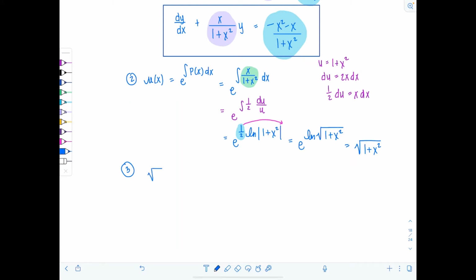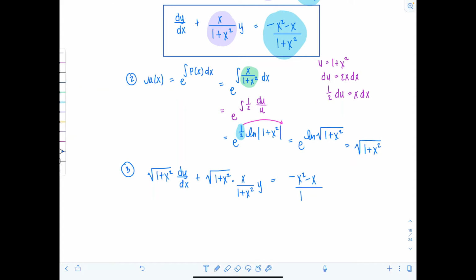So we've got square root 1 plus x squared times dy/dx plus square root 1 plus x squared times x over 1 plus x squared times y equals negative x squared minus x over 1 plus x squared times the square root of 1 plus x squared.